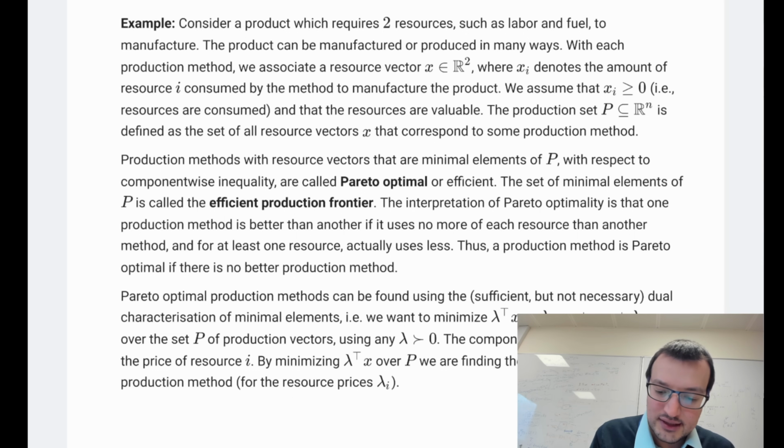Let's say that the resources are labor and fuel. And the product can be manufactured in many different ways, with different combinations of labor and fuel. These resources are precious, they are valuable to us, and we would like to use as little as possible.